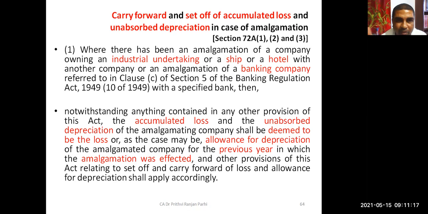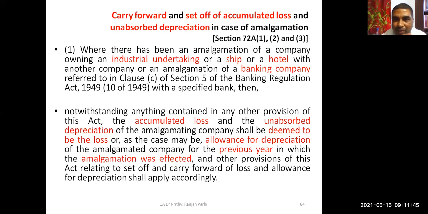Friends, you have to keep this particular situation in mind. This provision applies where there is an amalgamation of a company owning an industrial undertaking, or a ship, or a hotel, or if it is an amalgamation of a banking company.